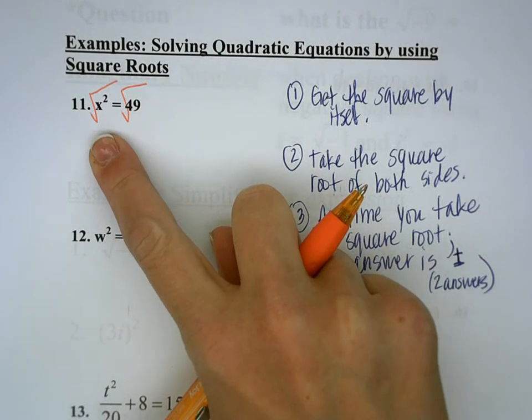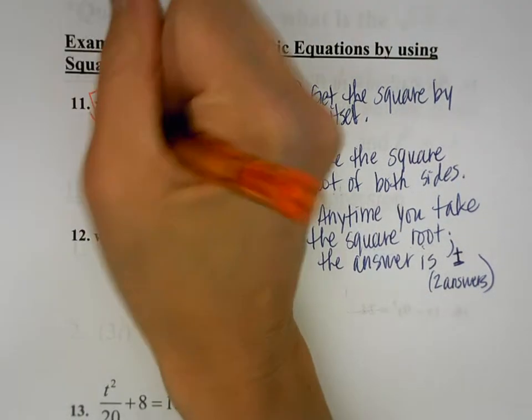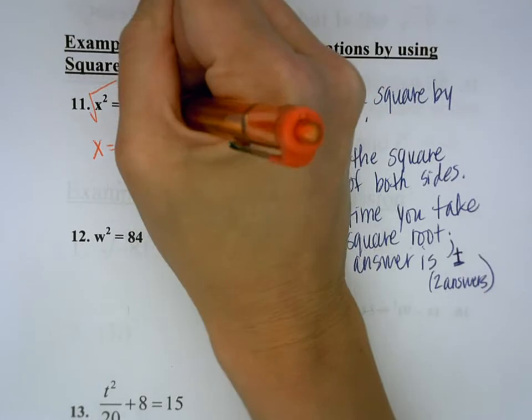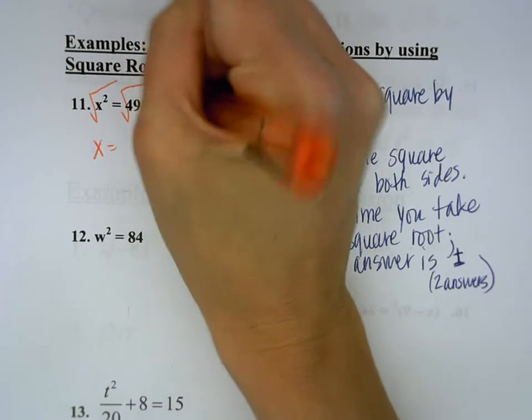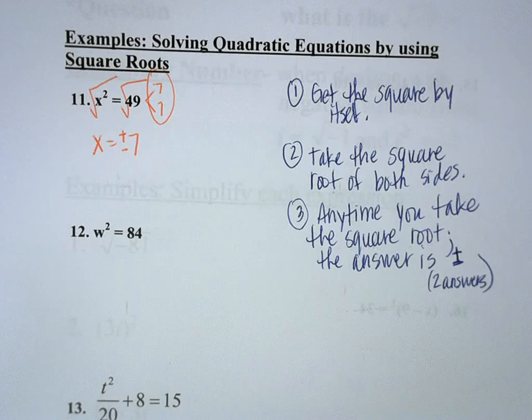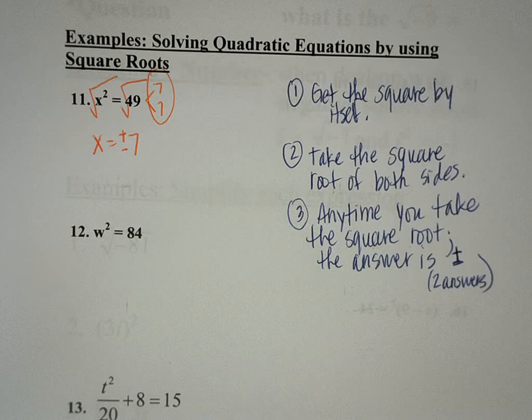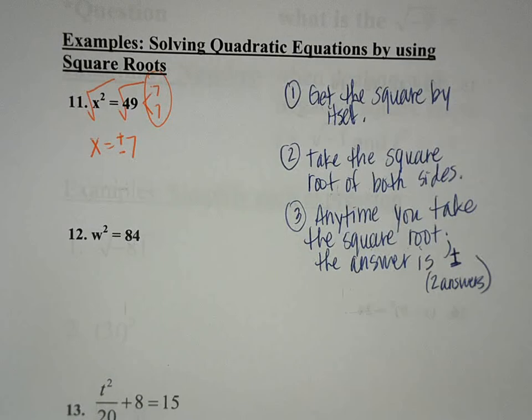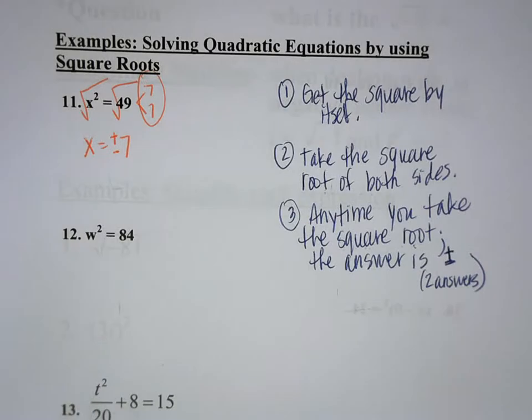So we have a pair of x's, so the square root of x squared is x, and we know that 49 breaks down to 7 and 7, so my answer is 7, but it's going to be plus or minus 7. If you think about this, if you plugged in 7 here, 7 squared gives you 49. If you plugged in negative 7, negative 7 squared is also positive 49.